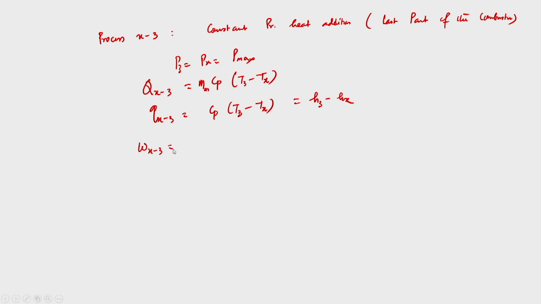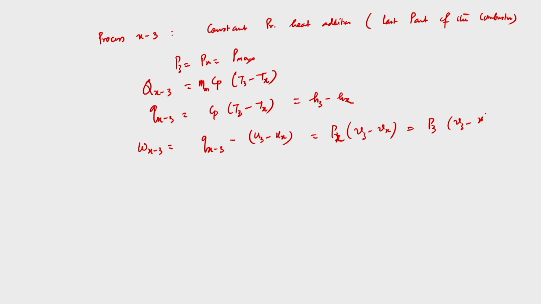What is the work done Wx3? This is very important: it is a constant pressure process, not a constant volume process. So Wx3 is equal to Qx3, the heat addition, minus U3 minus Ux. Qx3 is equal to work done plus U3 minus Ux, where the work is P3, which is P max, into V3 minus Vx, the change in volume. Because Px and P3 are equal, Wx3 is equal to P3 into V3 minus Vx.